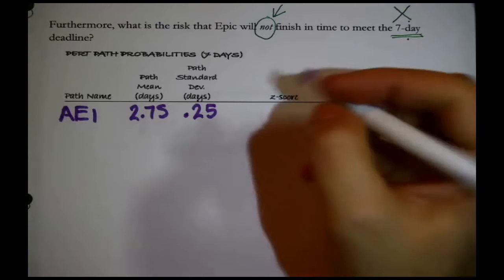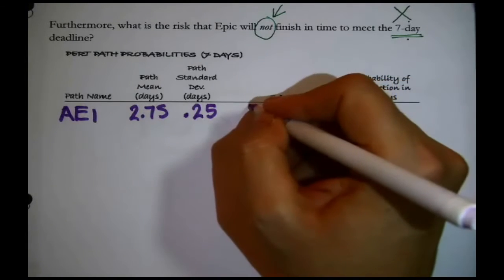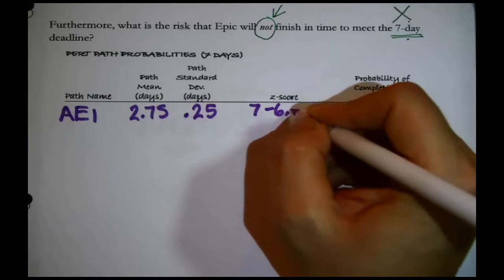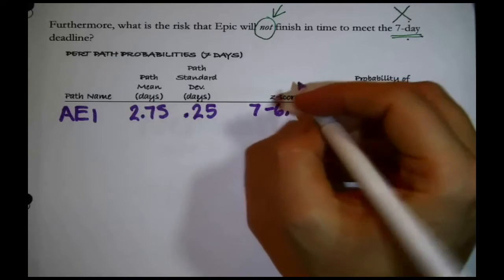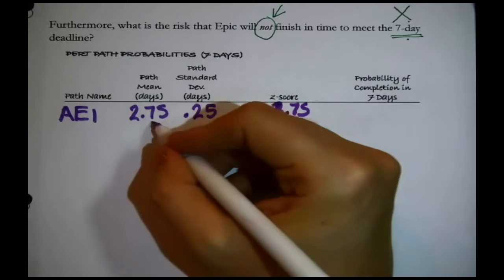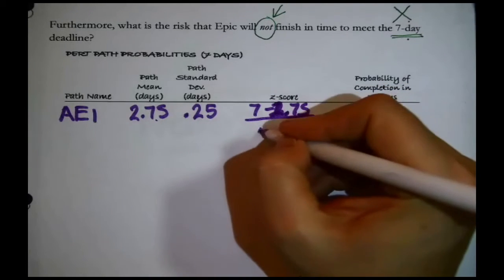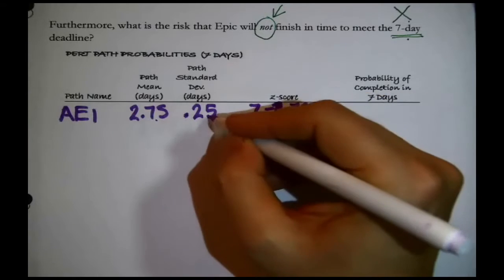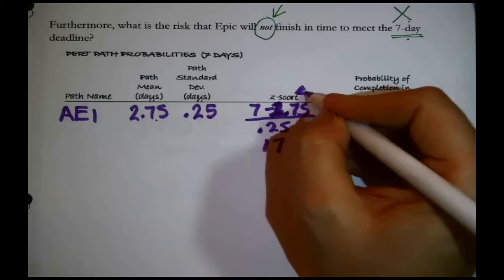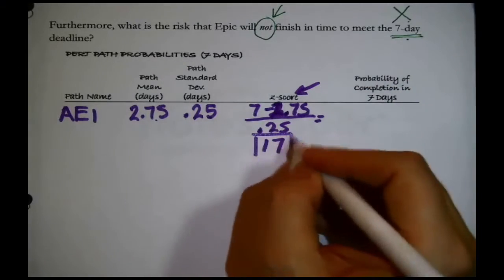The z-score should be slightly different because we say 7 minus 2.75, the path mean, divided by 0.25, the path standard deviation. I get 17 as a z-score. Wait a minute, last time it was 16, now it's 17.